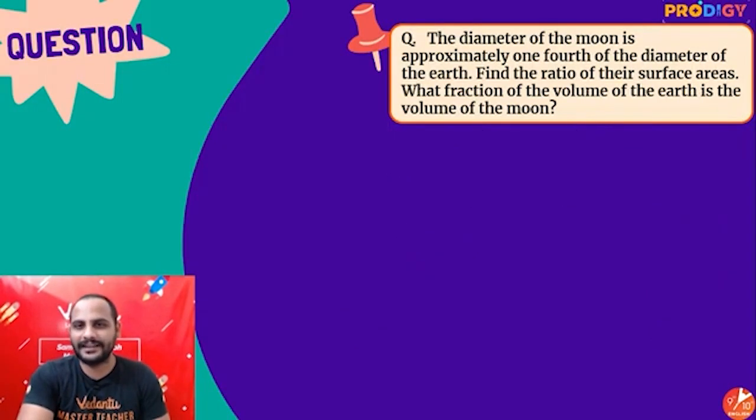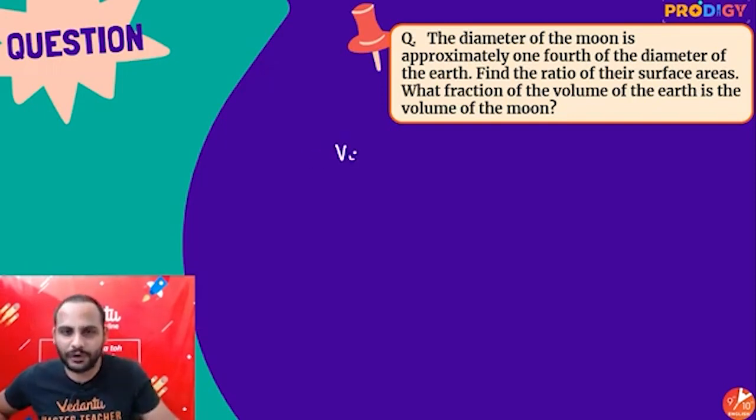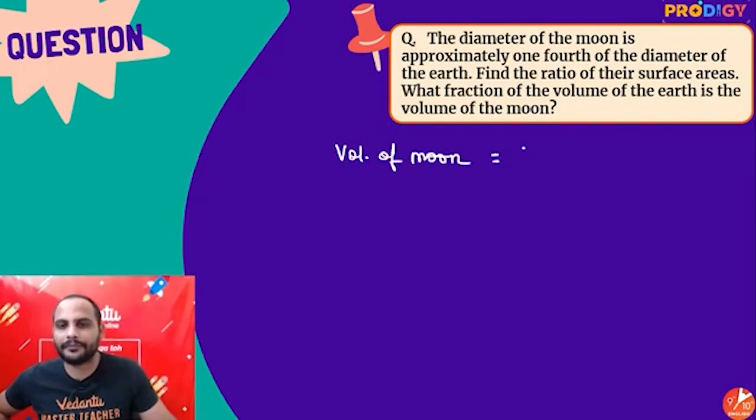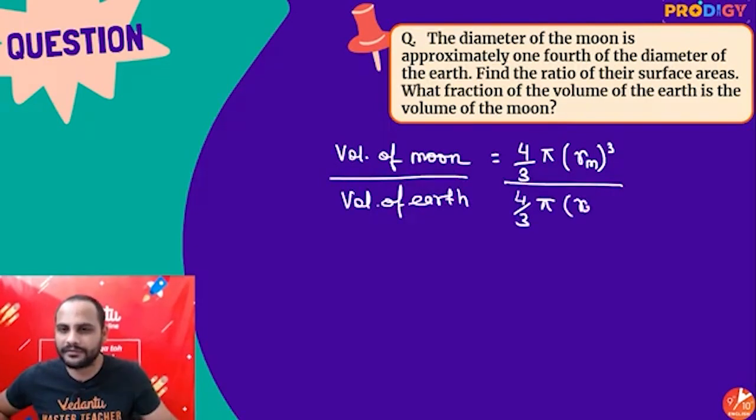Alright. Next, what fraction of the volume of the earth is the volume of the moon? So we'll say volume of moon will be 4/3 times pi into radius of moon whole cube upon volume of earth, which will be 4/3 times pi into radius of earth whole cube. This cancels.